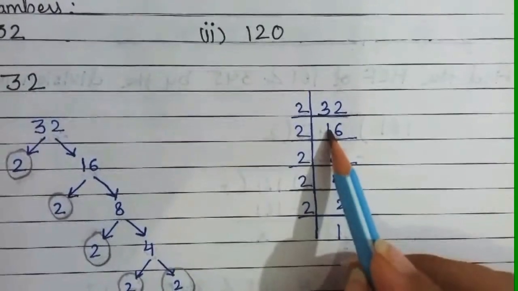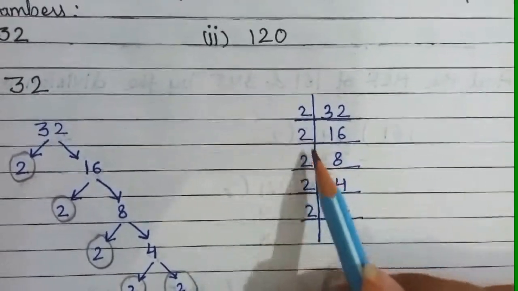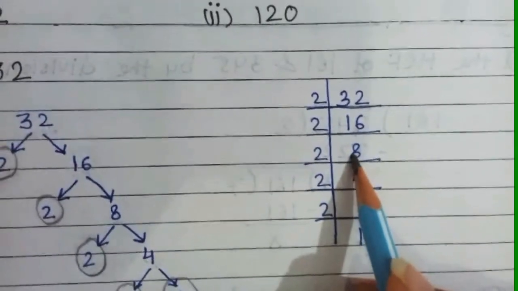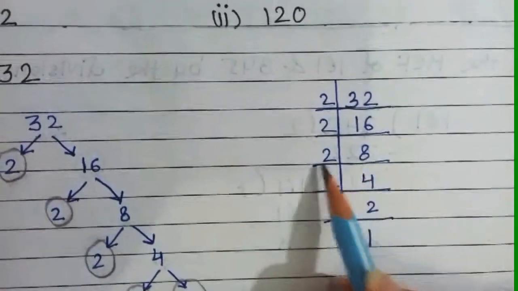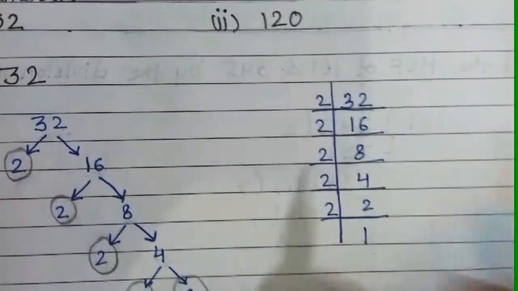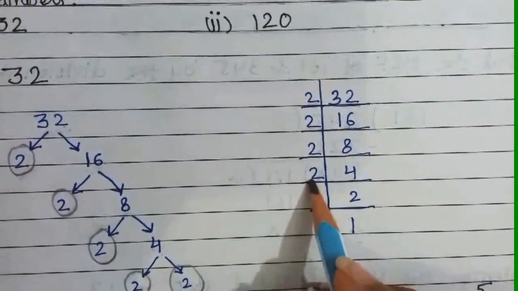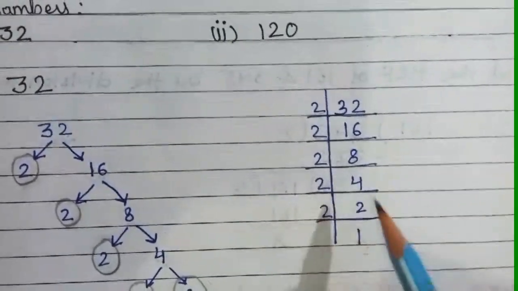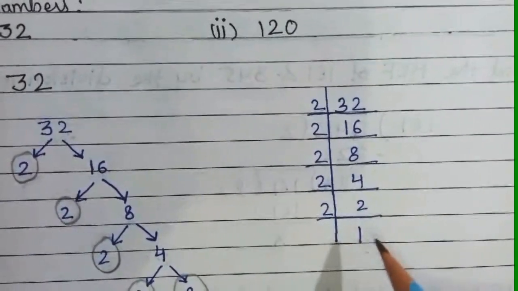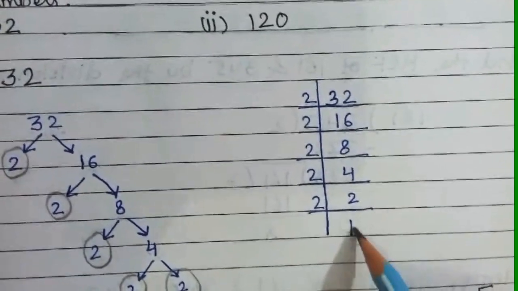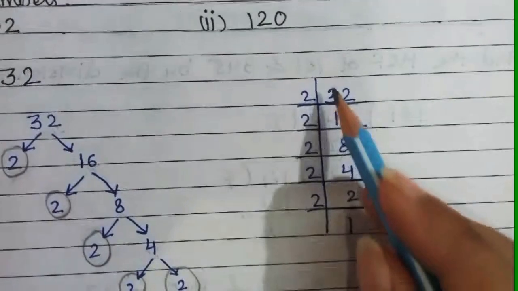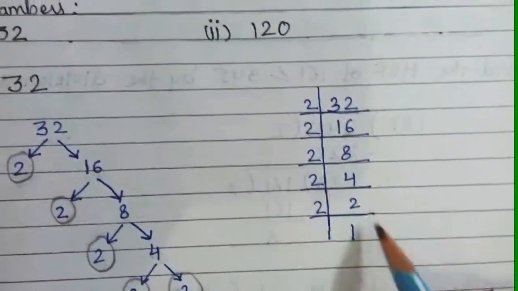So here 16 is divisible by 2. So 2 8s are 16. Next 8 is again divisible by 2. So 2 4s are 8. 2 2s are 4. So we repeat the process till the quotient becomes 1. Student, always remember we use only prime numbers to divide.